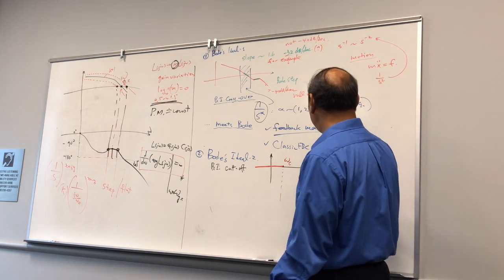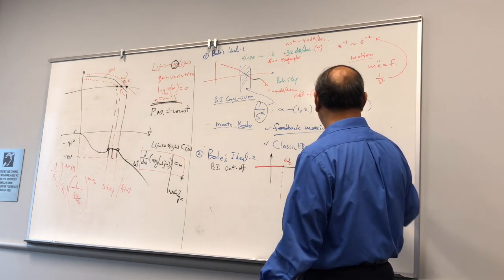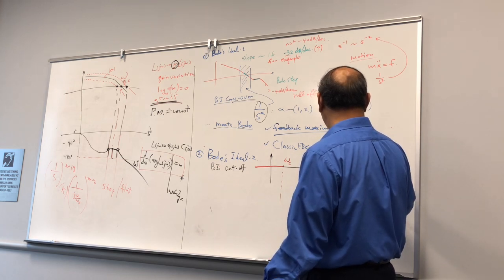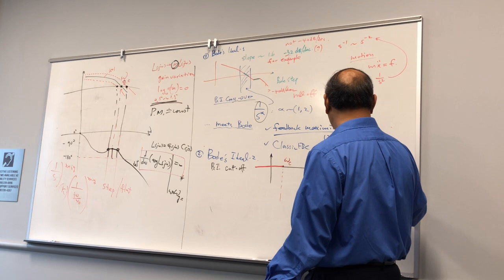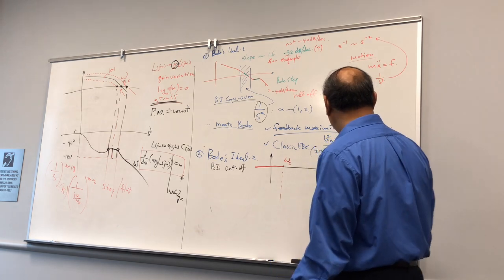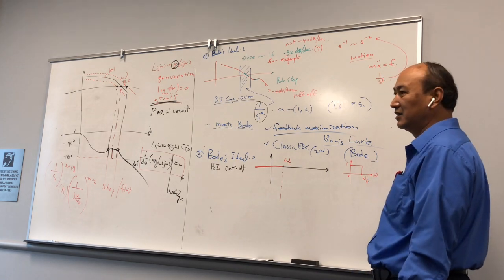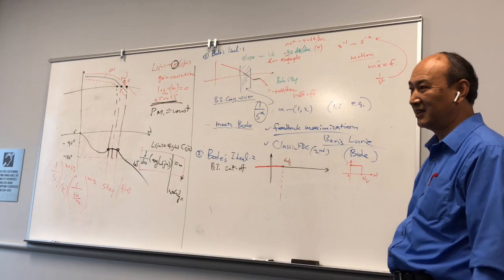This is a log plot. But what if you are doing something like 1, 0? So you basically want something like this. This is omega C. This is omega, this is the magnitude. Okay? So you want something like this, right?